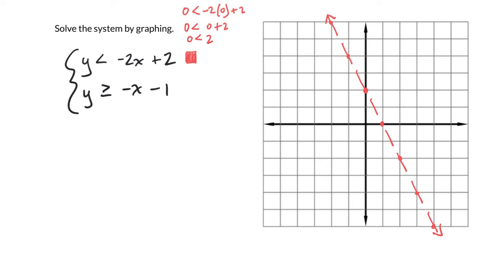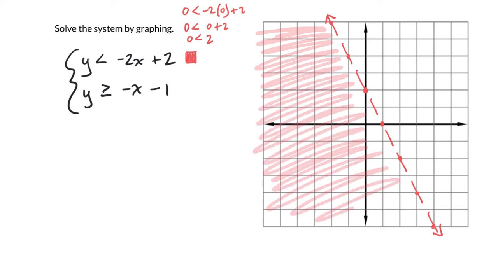That is true, which means that 0, 0 should be part of our shaded region. So we'll shade that in. And I wish I would have chosen a larger dot for my shading. All right, so that's the shading for the red.